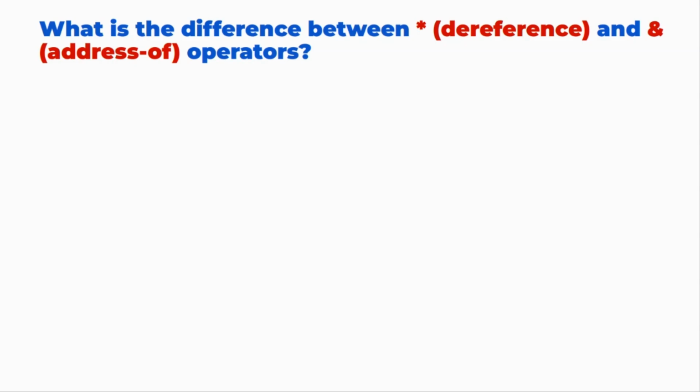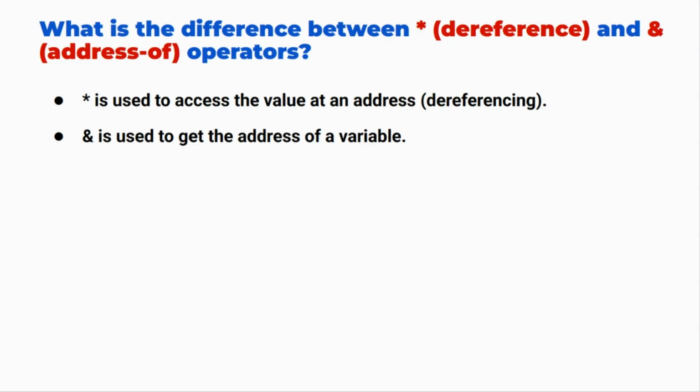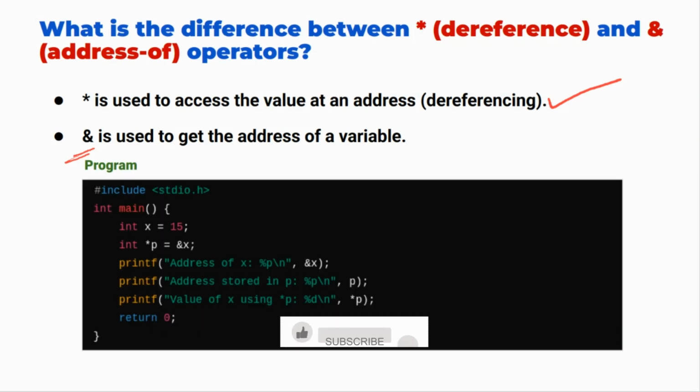What is the difference between *, that is dereference, and address of operators? As you know, * is used to access the value at an address, which is called dereferencing. And & operator is used to get the address of a variable. So in this program, we have an integer variable x equal to 15.